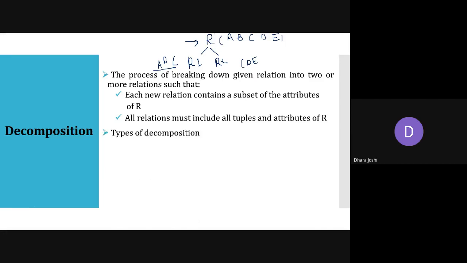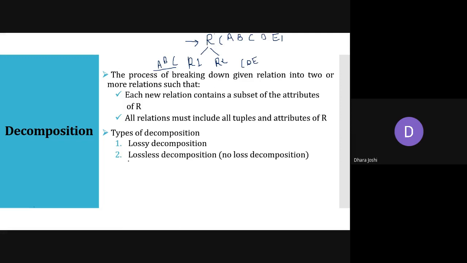The possible types of decomposition are lossy and lossless. Lossy means if you create two different relations R1 and R2 from the one relation R, then you lose some of the information. It can be your enrollment number, the name of the student, the mentor name, or some particular student's record, but you lost some important information.